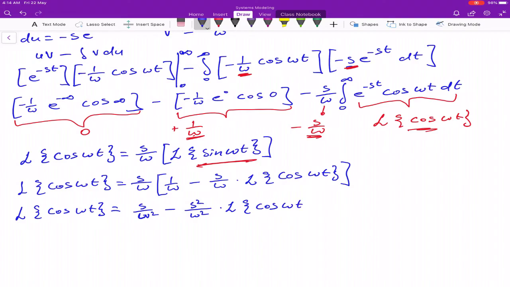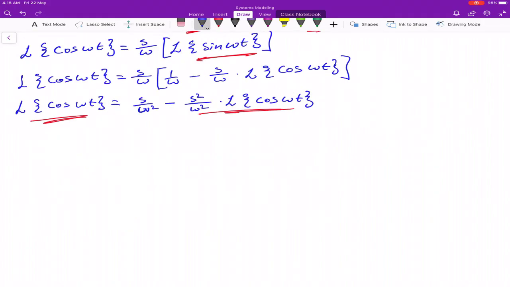Okay. Now I can take the like terms, this part, onto this side. So if I take it on the other side, I'm going to have the Laplace transform of cosine omega t plus s squared over omega squared times the Laplace transform of cosine omega t is equal to s over omega squared.